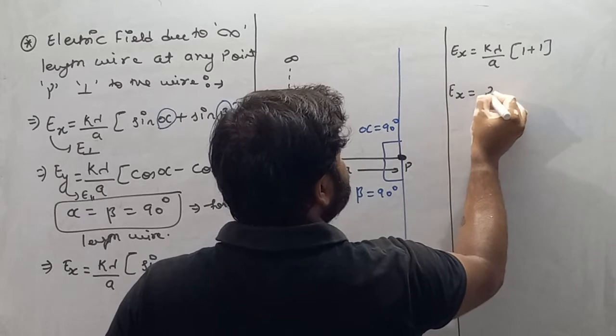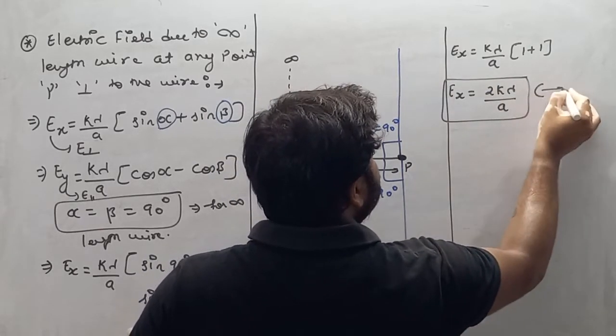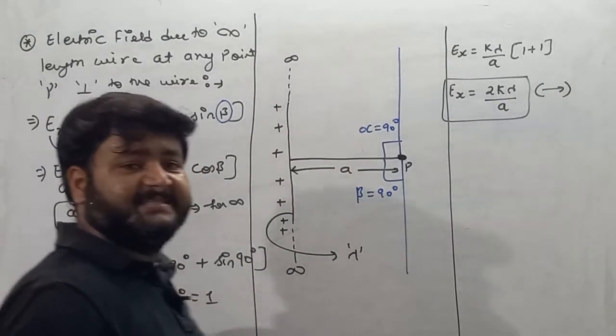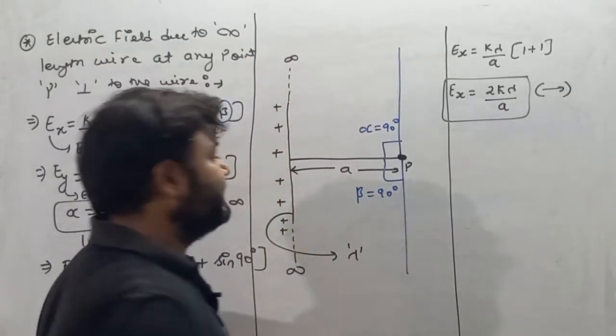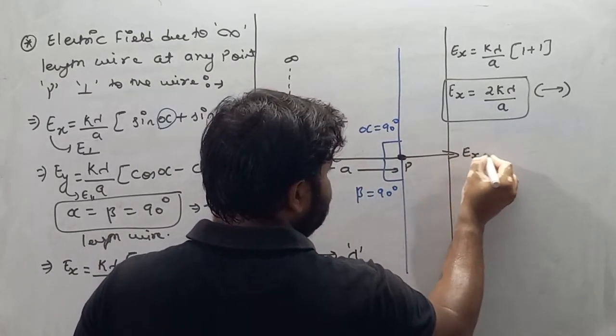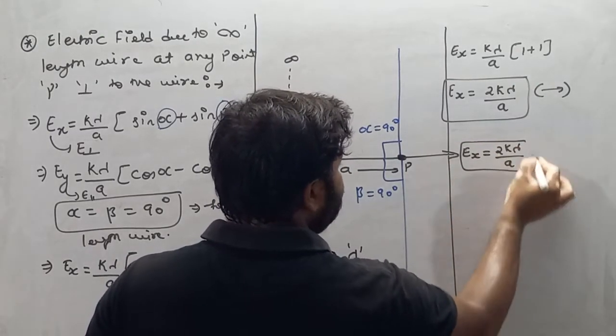So Ex is equals to 2k lambda by a. This is the value of electric field along the x-axis due to infinite length wire. So due to positive charge, electric field is away, having magnitude 2k lambda by a.